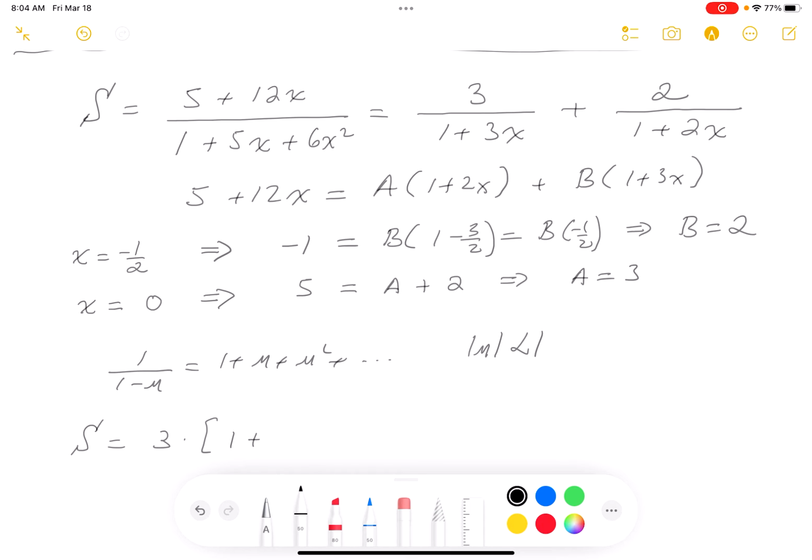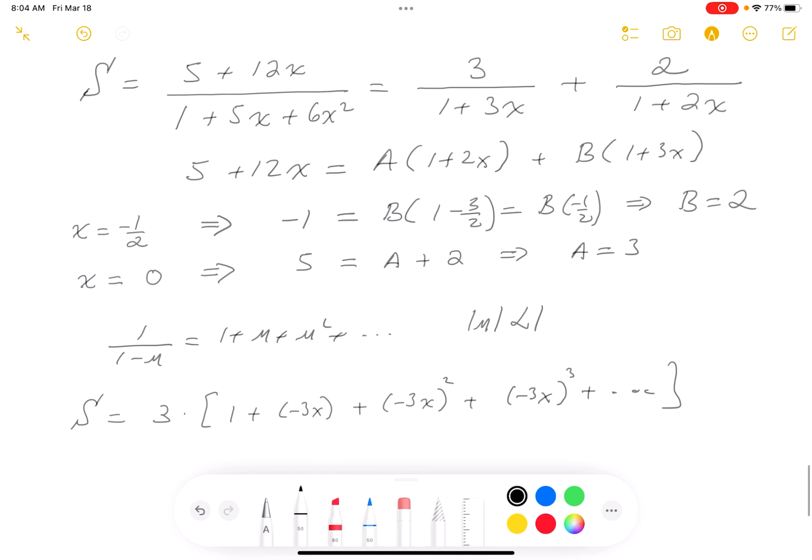1 plus minus 3x to the first power plus minus 3x to the second power plus minus 3x to the third power. I think you get the idea. Yada, yada, yada. And then what do I get? Oops, I don't want to lose track of this.